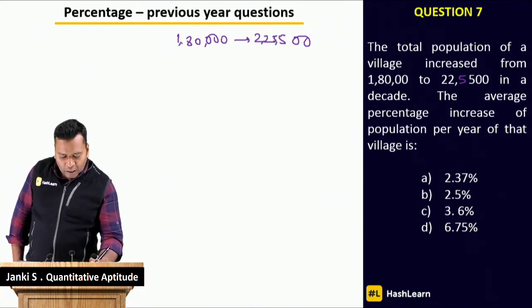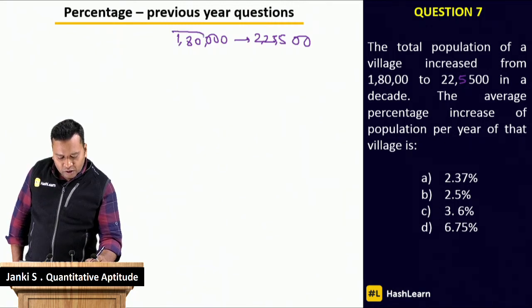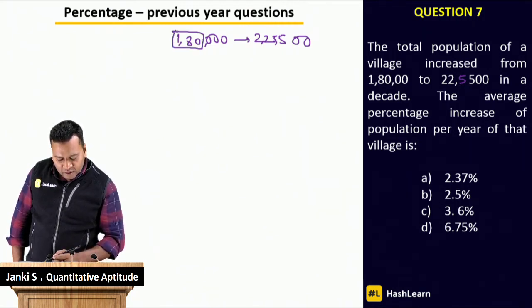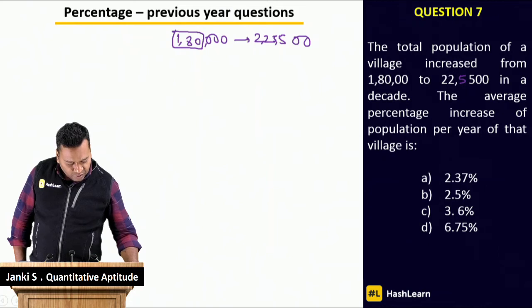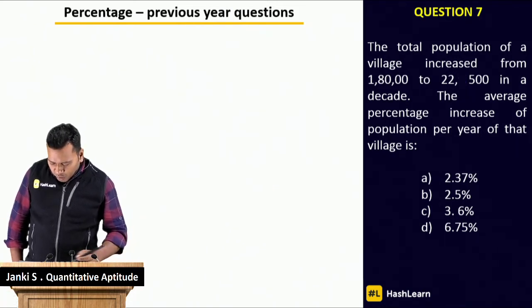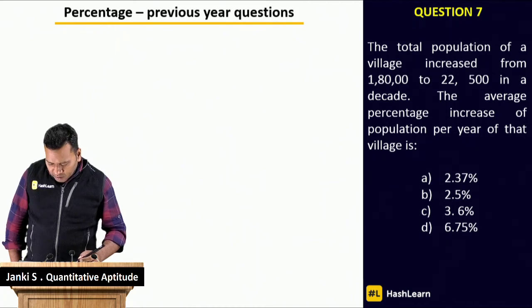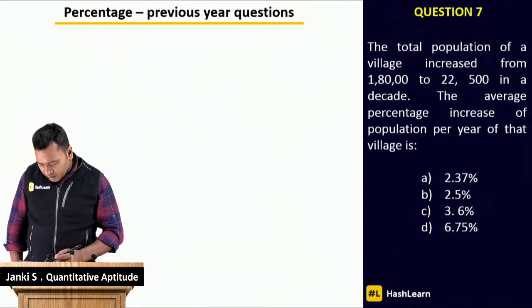I'll just work on these numbers. Sorry, my fault. Let me erase these values. I misread the numbers again because of the comma signs available, right?